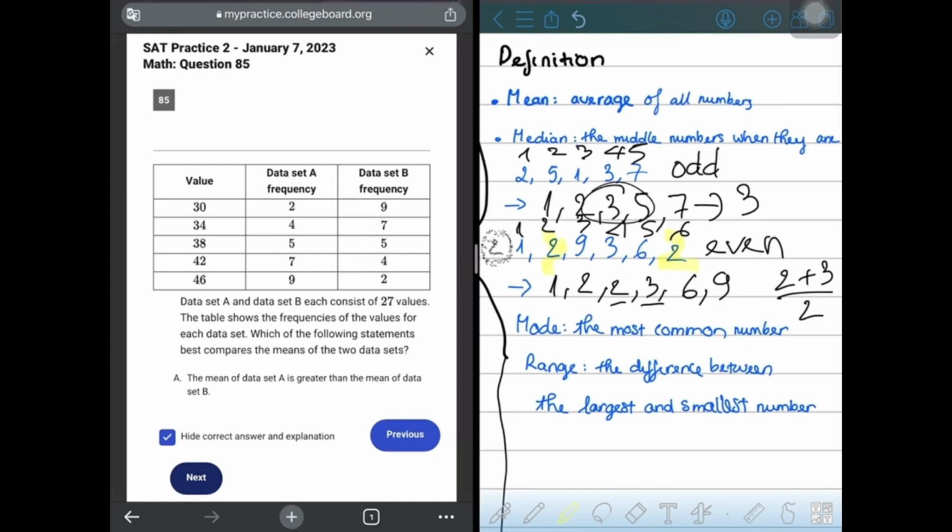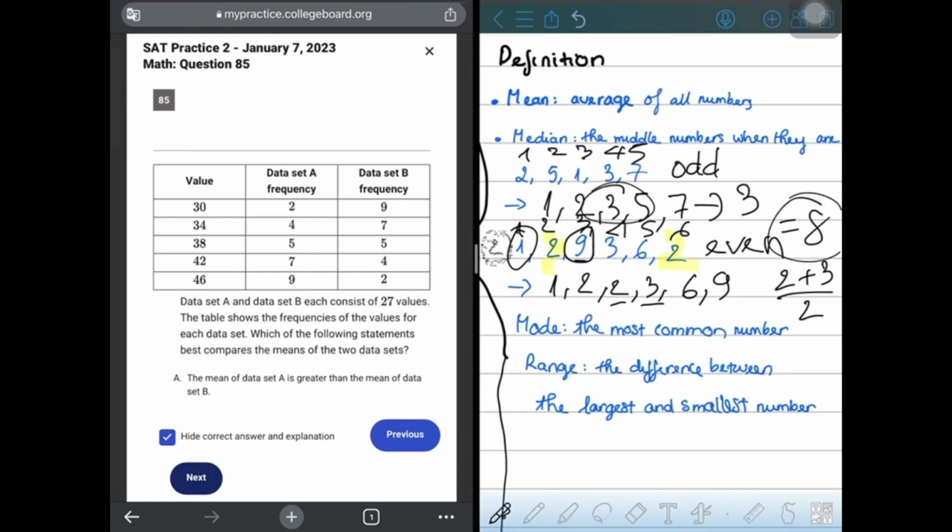So 2 will be the mode. How about the range? The range means the difference between the largest and the smallest number. So the method for calculating is you just take the largest minus the smallest. For example, you take 9 and then minus 1, and 8 is the range.